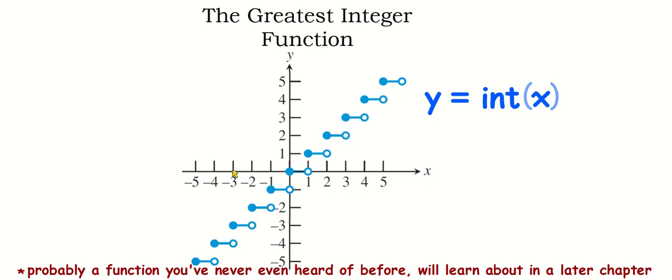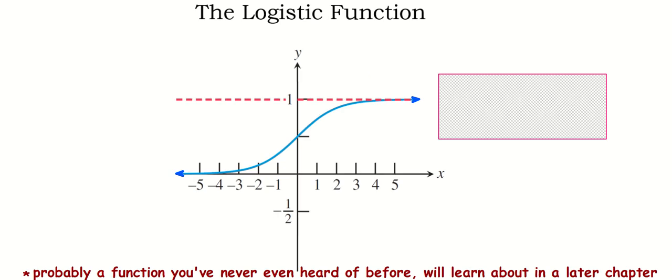So if you plug in -3, you're going to output -3. If you plug in -2.5, then the greatest integer output is going to be -3. Interesting. Okay. So that's just kind of how it works. But again, I wouldn't lose sleep over that function.